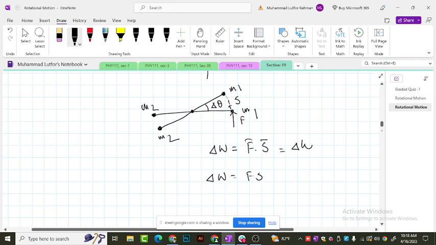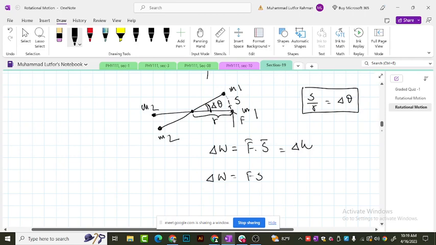Now I can also find out, let's say this distance is r, then from the definition, S over r should be the del theta. Can I write this definition? Arc divided by radius is basically the angle that is created over here.